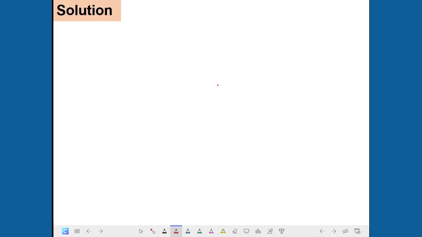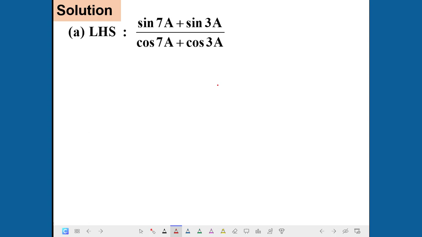So for A, from the left-hand side, sine plus sine. Sine plus sine is equal to 2 sine cos, right? And then cos plus cos is equal to 2 cos cos.